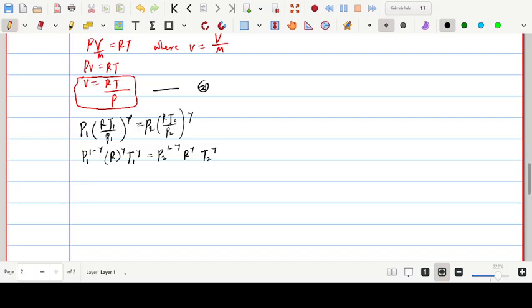In this case now, this R^gamma and this R^gamma, they can come together, they become constant. You understand? We can remove them.